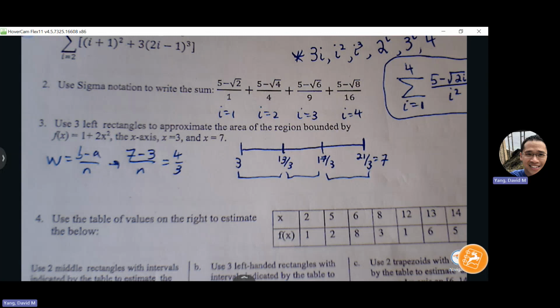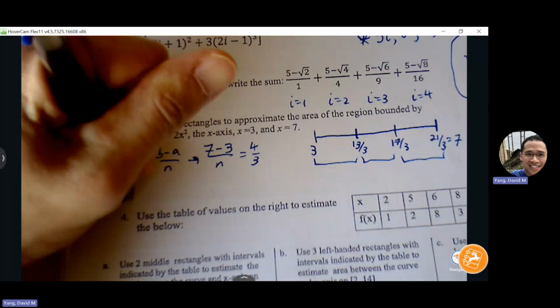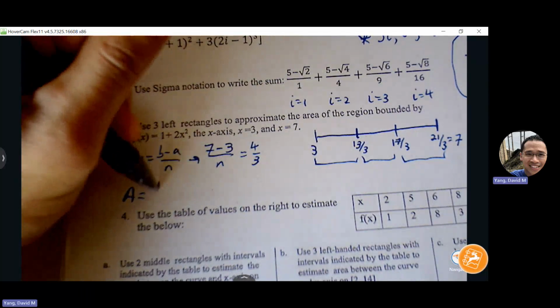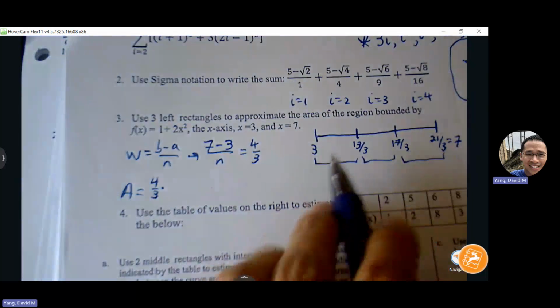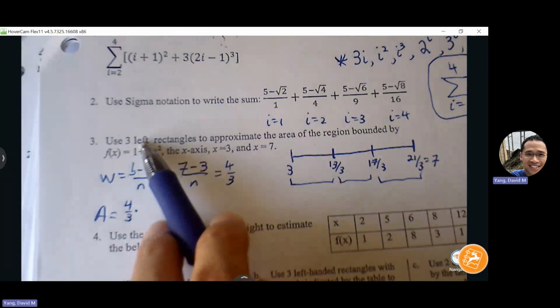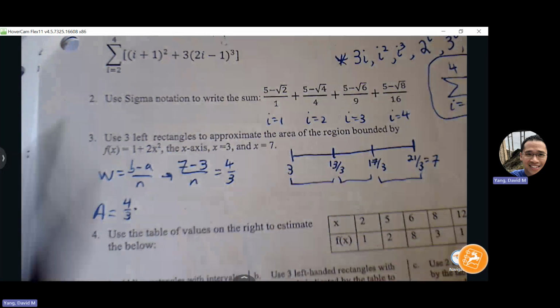So now let's build our area in function notation. My area is width times height. So width is 4/3 times what will represent the height of my first rectangle? Left-handed rectangle, so f of 3, right?